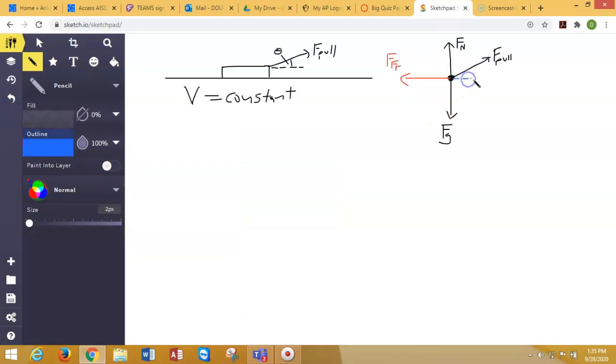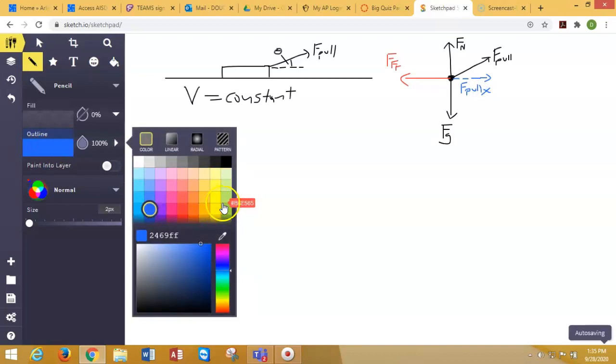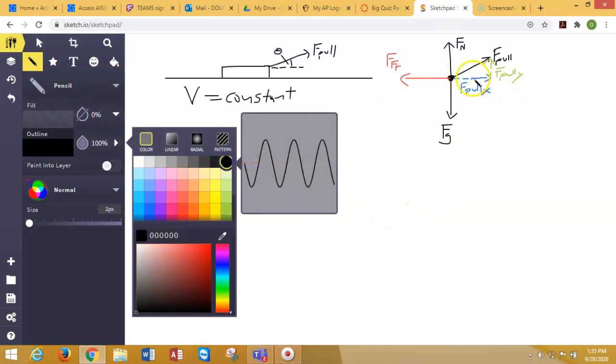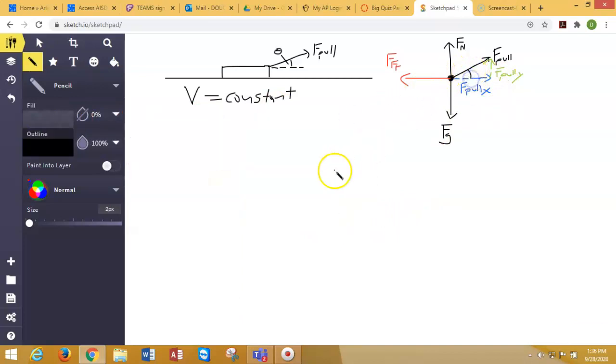So my x part of the triangle would look like that. You can call that F pull in the x. And then my y part, F pull in the y. And so, knowing what theta is, I could figure out what those components are.